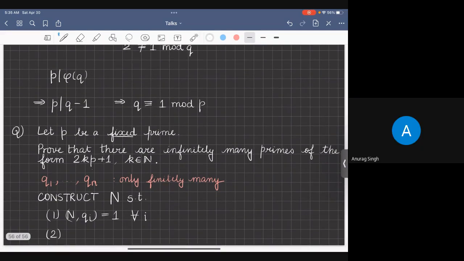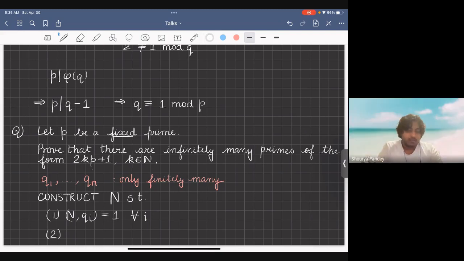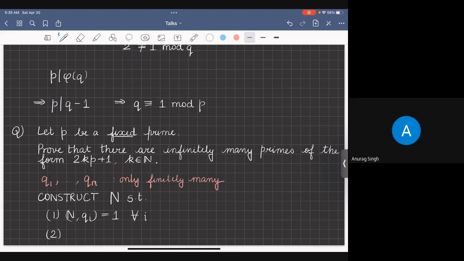It should be some 2 to the power of something, minus 1, congruent to 1 mod 2p, such that that power of 2 minus 1 is co-prime to all such primes. Then we will have some new primes of the form 2kp plus 1.